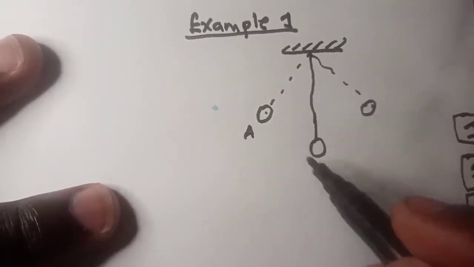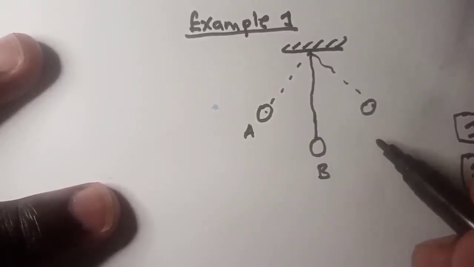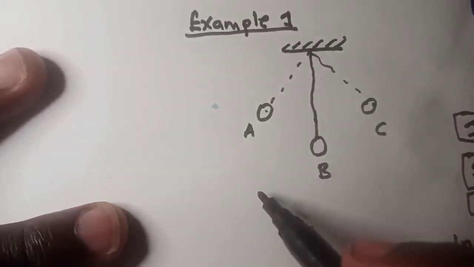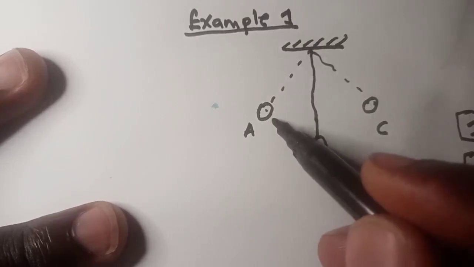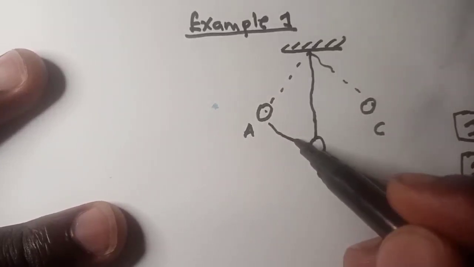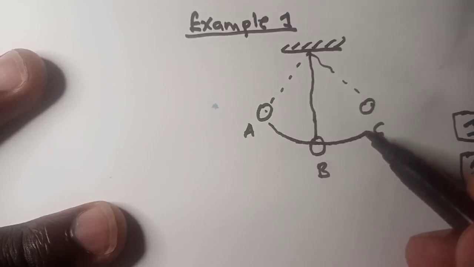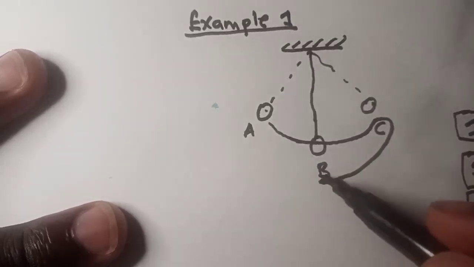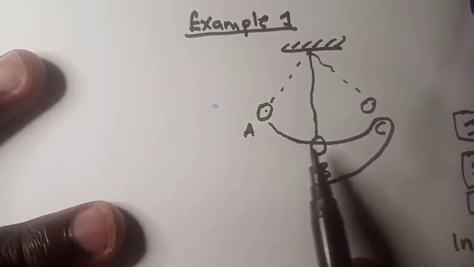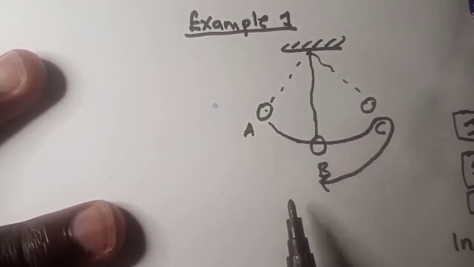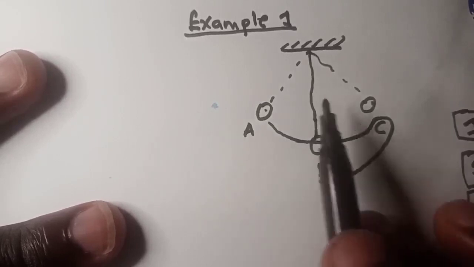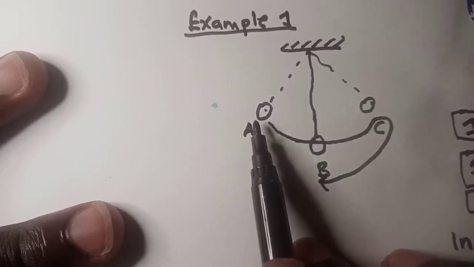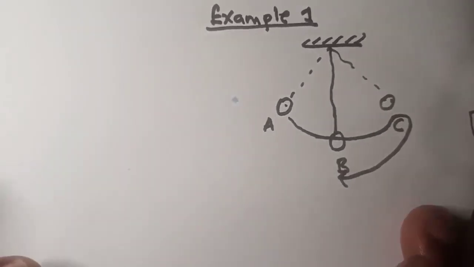This is point A, this is point B, this is point C. In this diagram, the pendulum started swinging from A, passed through B, goes to C, and goes back and stops at B. So it doesn't reach back to A. This is not a complete oscillation. A complete oscillation has to reach A.